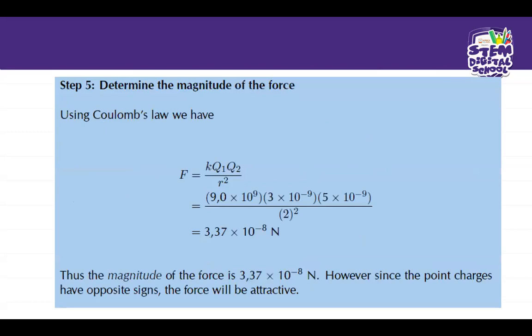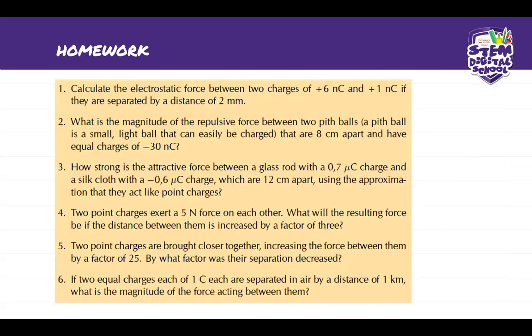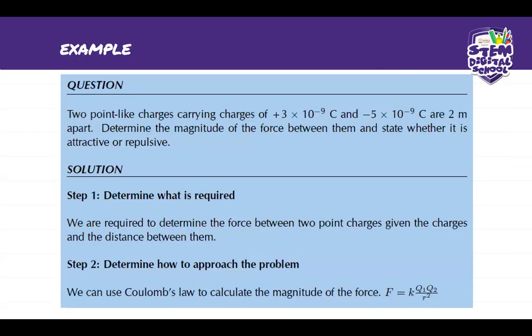So it says here, 2 point-like charges carrying 3 times 10 to the power of 9 and 5 times 10 to the power of 9 are 2 meters apart. Determine the magnitude of the force between them and state whether it is attractive or repulsive.